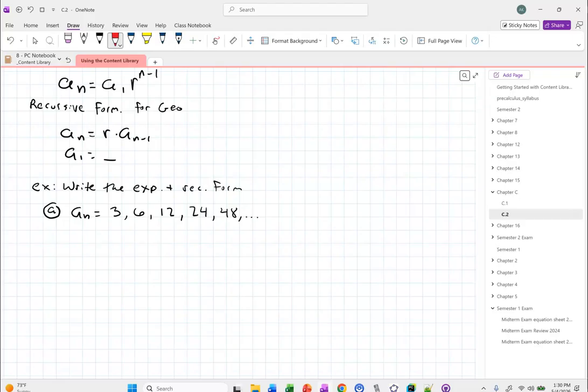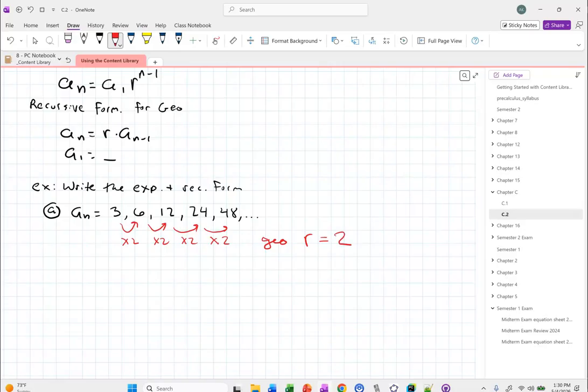If I look at those terms, what pattern do we see? 3, 6, 12, 24, 48. Yes, good. Times 2. And what does that tell me? That this sequence is geometric, and the r value for that geometric sequence is 2.